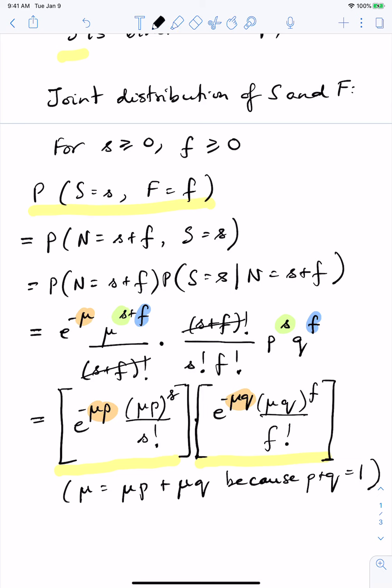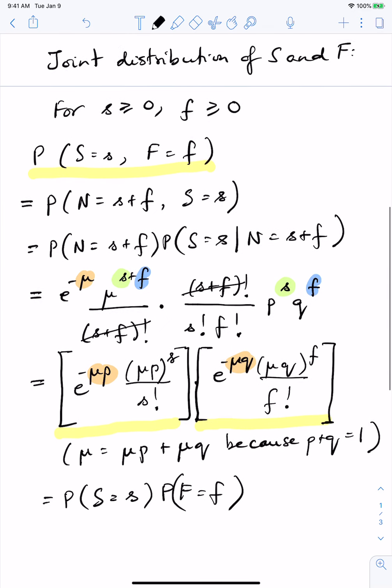There's no conditioning there. In other words, what we've shown is that these two random variables are independent.